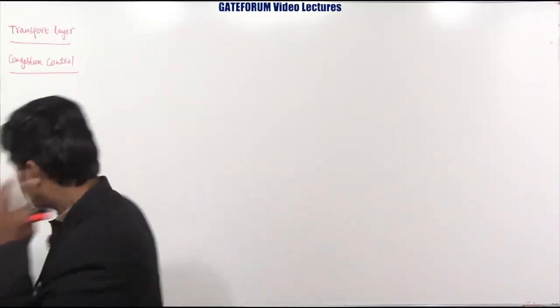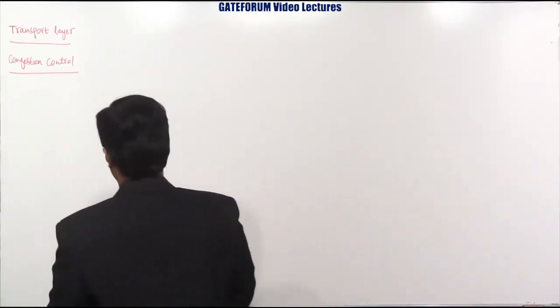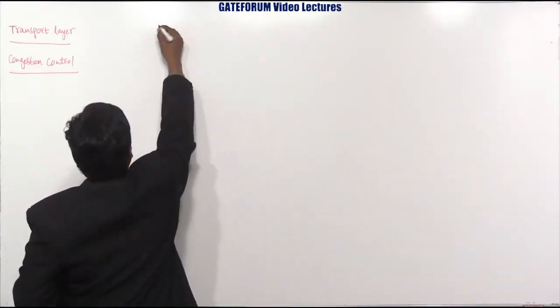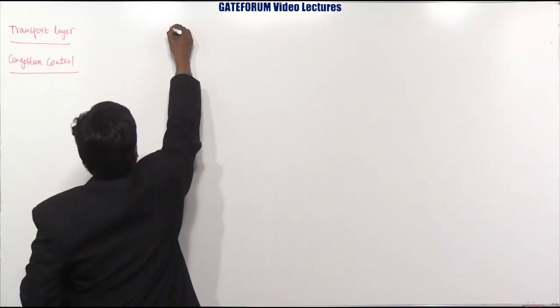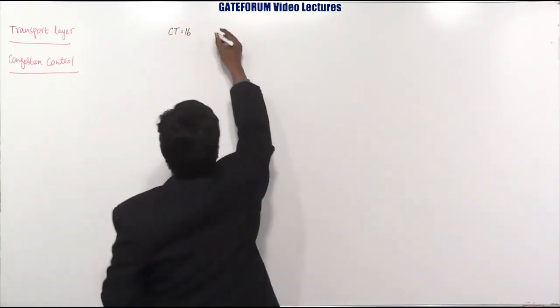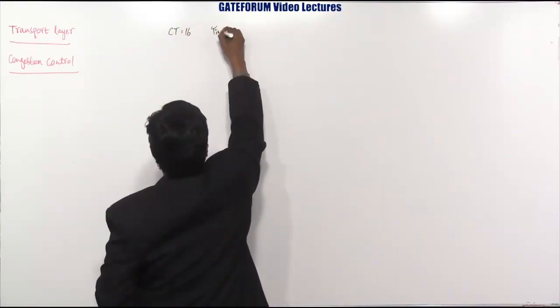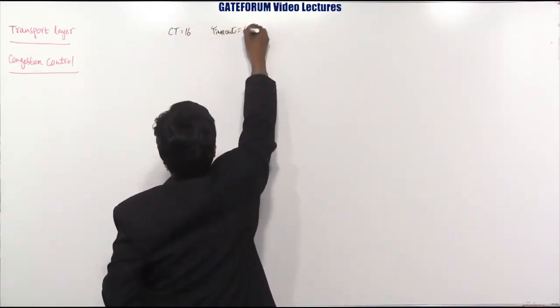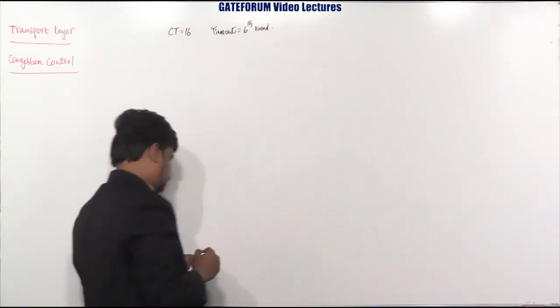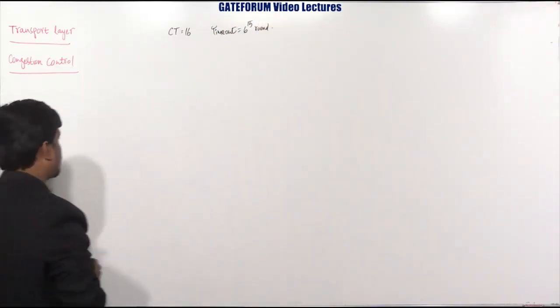Right. So to understand this particular congestion control in a better way, we are considering some initial values. The congestion threshold value is given as 16 and the timeout is occurring at every 6th round. So these are the initial values which we are considering. Now we are drawing a plot.